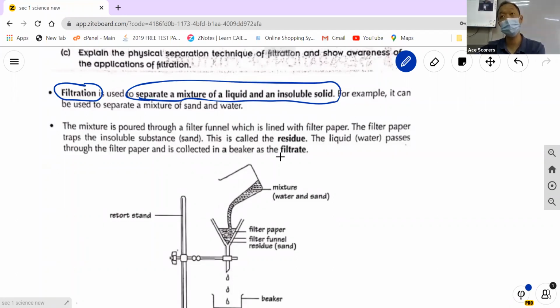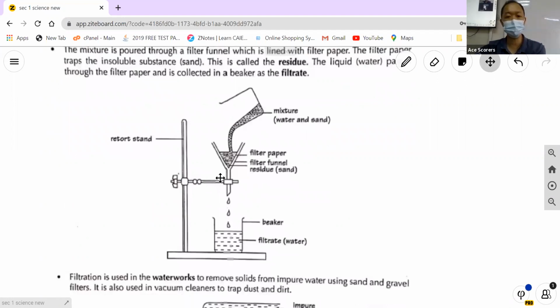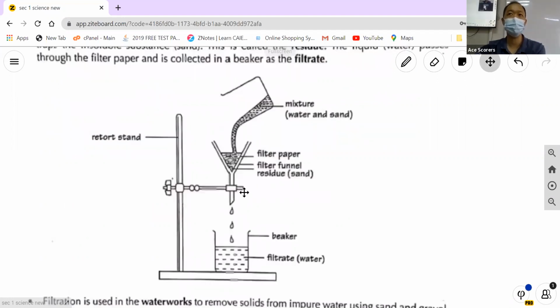So if I were you, I would highlight this. I'll be asking, filtration, what is it used to separate? You must tell me: a mixture of liquid and insoluble solid. You don't really have to memorize because it's a lot of common sense. So this is the filtration process.